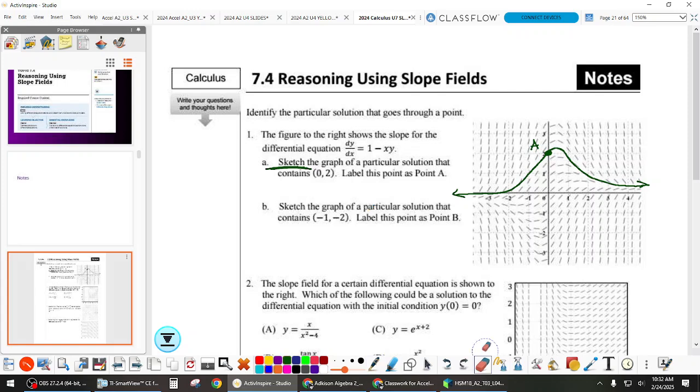Probably need to drop that down just a little bit lower. There we go. Okay, and then same, let's do it with negative 1, negative 2. Something kind of like that.